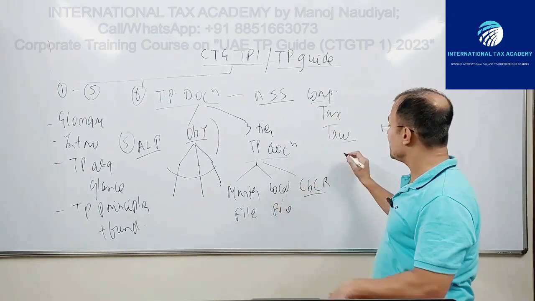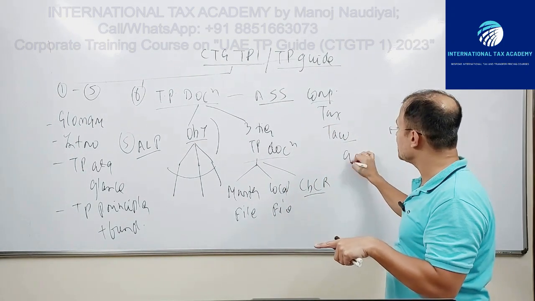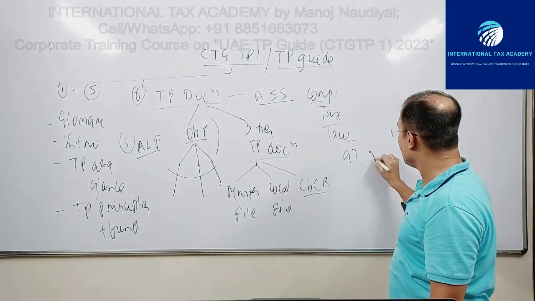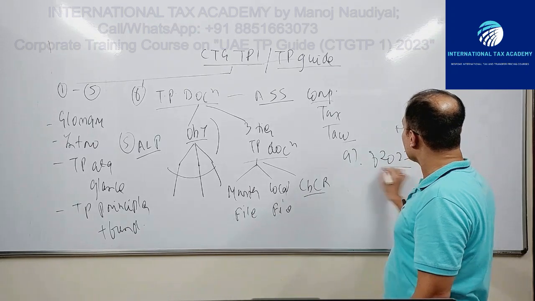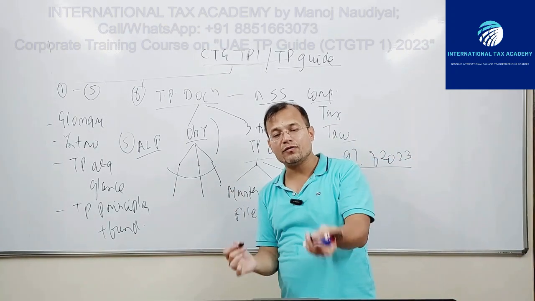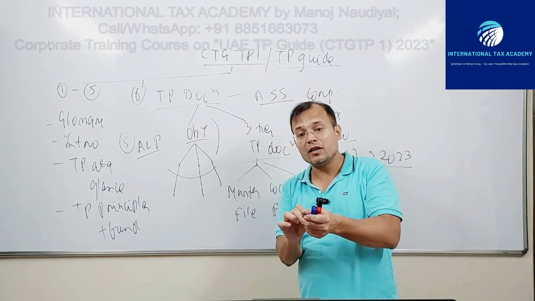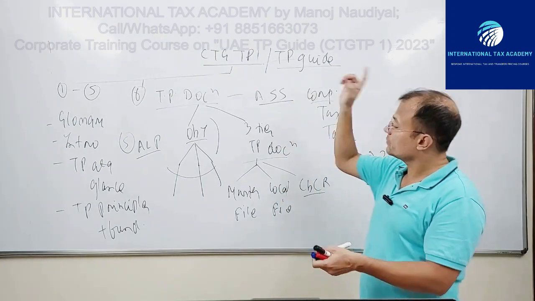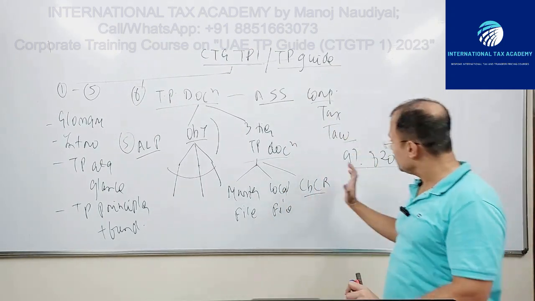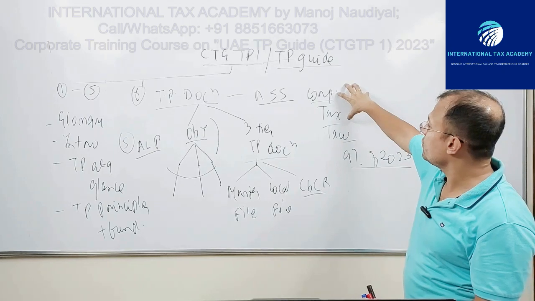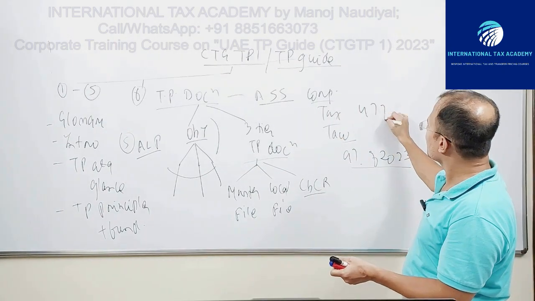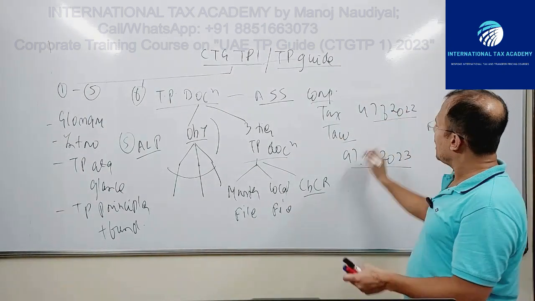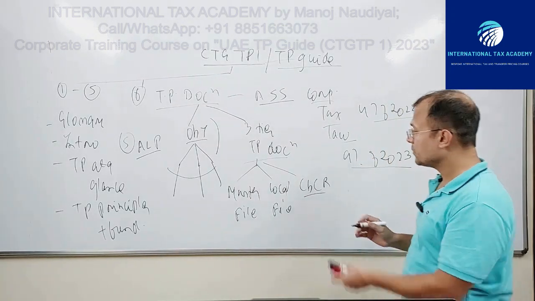In addition to this, there is Ministerial Decision 97 of 2023, which establishes the requirements for creating TP documentation for the purposes of the corporate tax law.